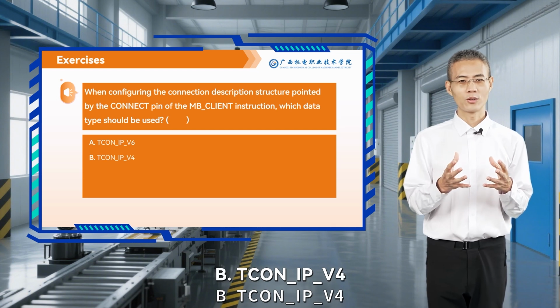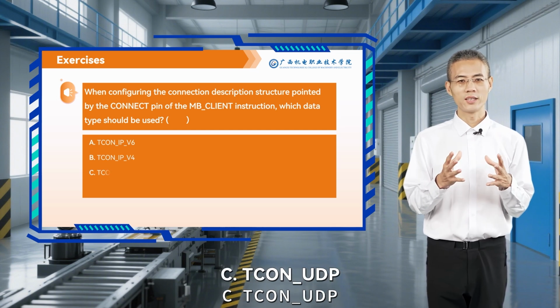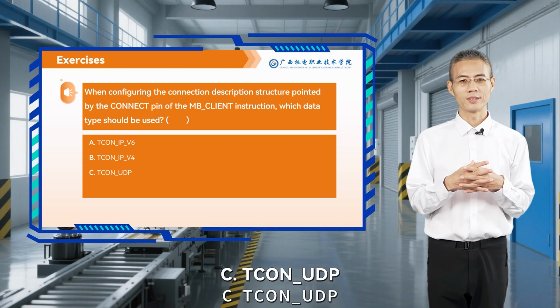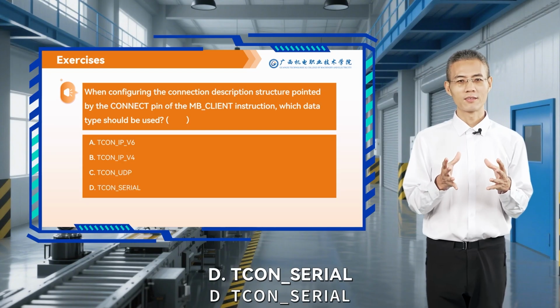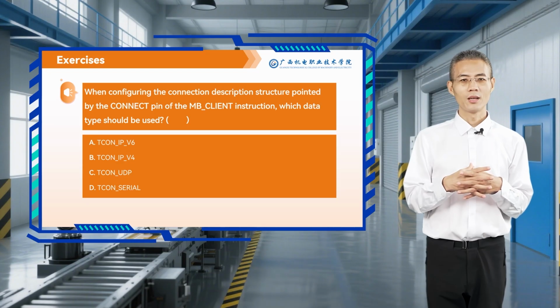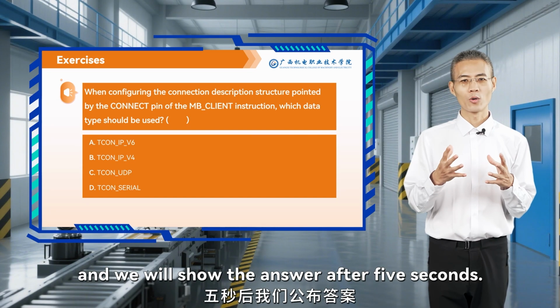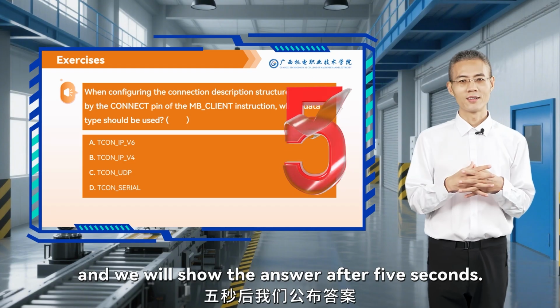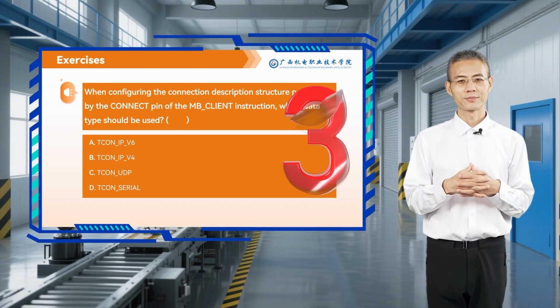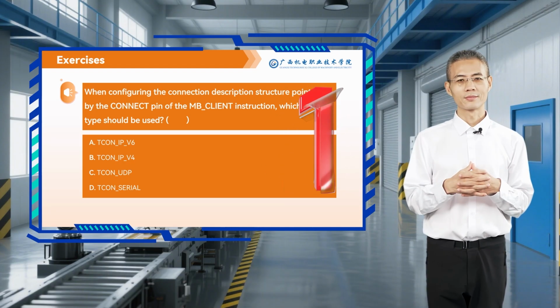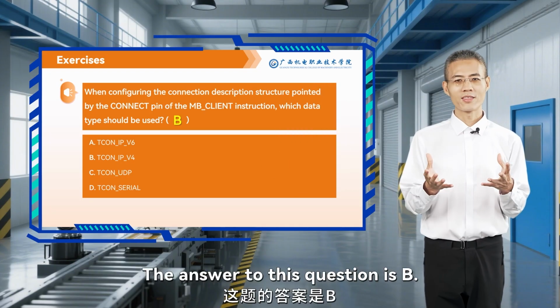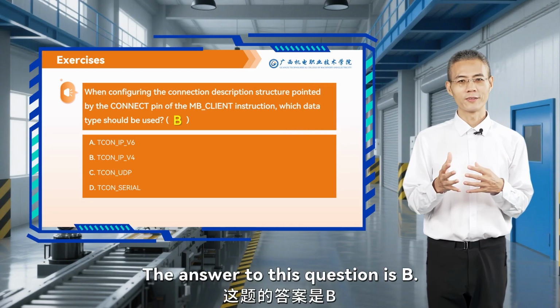B. TCON IPv4. C. TCON UDP. D. TCON serial. I will give you 5 seconds to think, and I will show the answer after 5 seconds. The answer to this question is B.